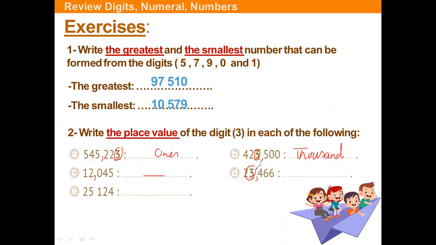So 3 here is what? It's also thousands. Okay, and the last one we have here 25,124. So we don't have any 3 here, so we will ignore it.